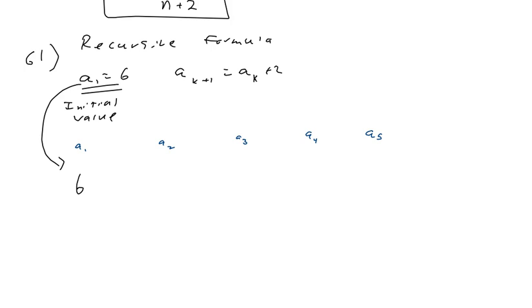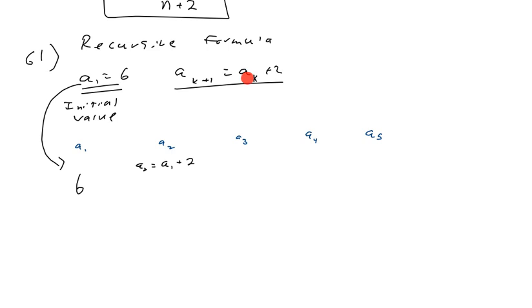A sub 2, well, if I use this formula here, A sub 2 is equal to A sub 1 plus 2. That's what this equation says. It says if I want the next number, if I want A sub 2, I got to use the previous number.